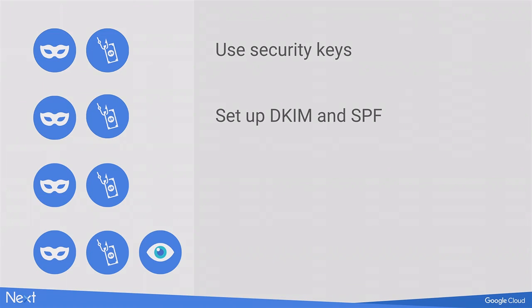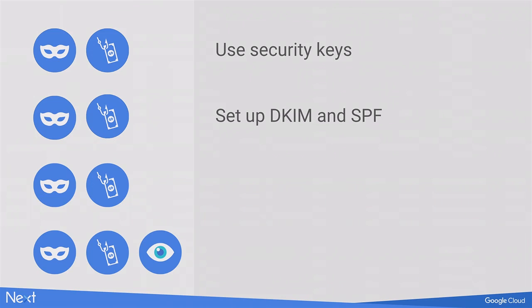Next, as Nico described earlier, SMTP is inherently not a safe protocol. So you should set up DKIM and SPF. We support both DKIM and SPF in Gmail and G Suite, but you have to set it up. So go to your admin console and make sure that it is set up and properly configured.